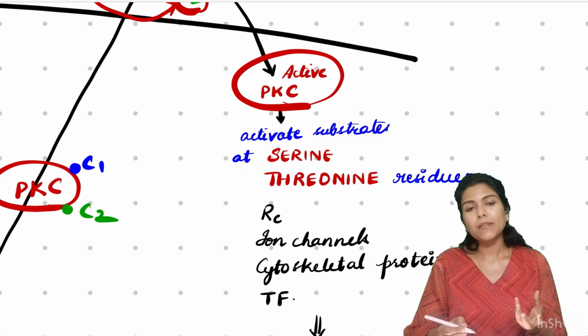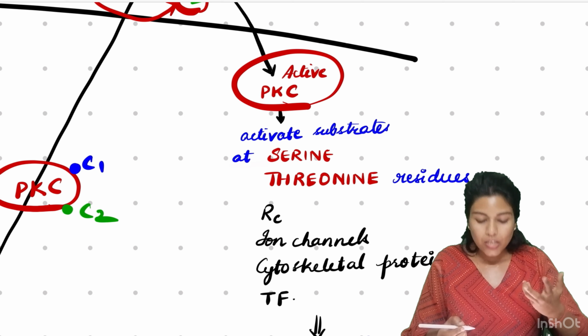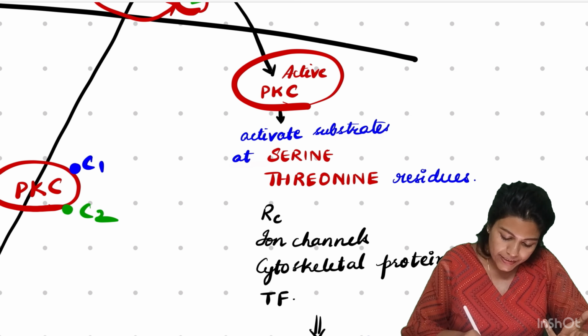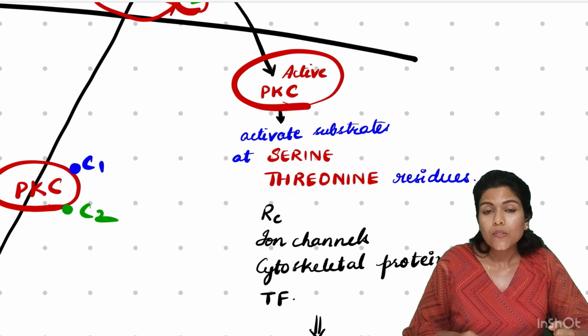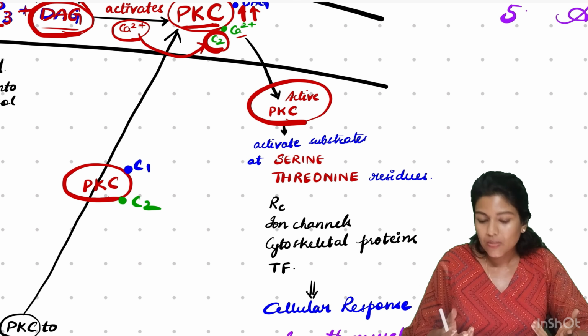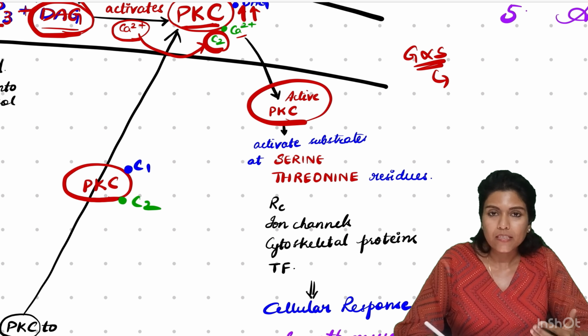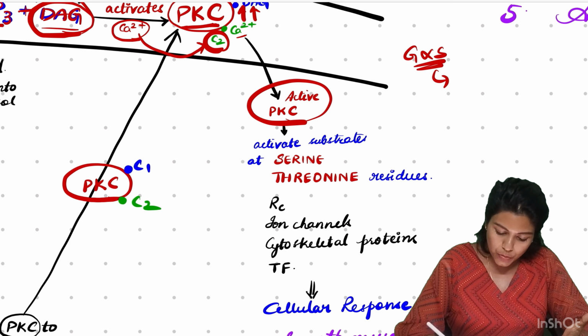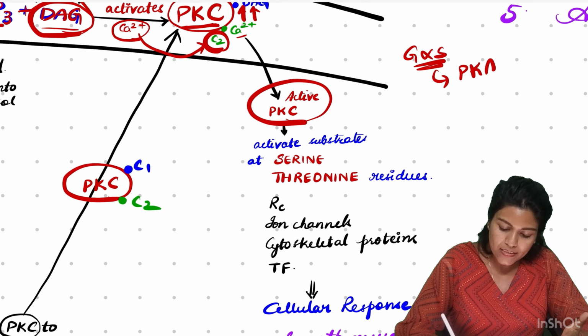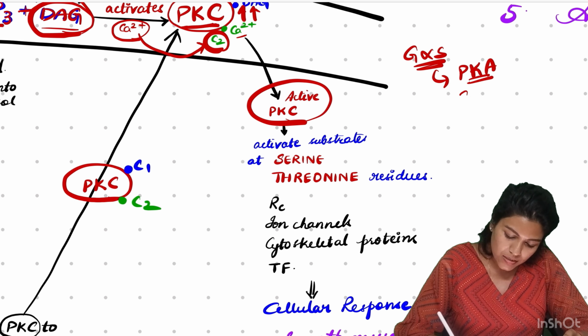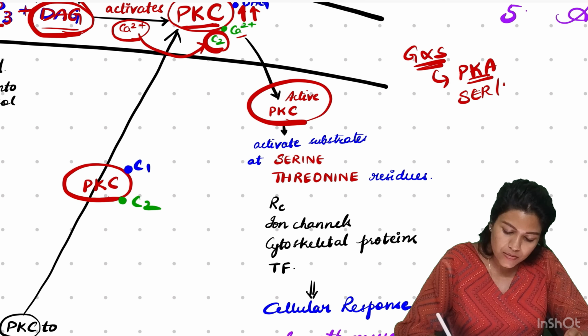It is a kinase, which means it will add phosphate to the substrates at serine and threonine residues. We have discussed in earlier videos that in the G alpha stimulatory pathway, protein kinase A will add phosphate groups at serine and threonine residues.